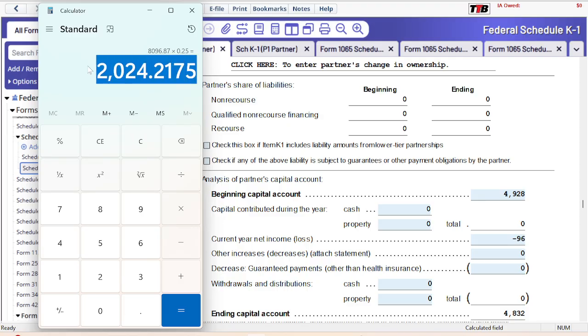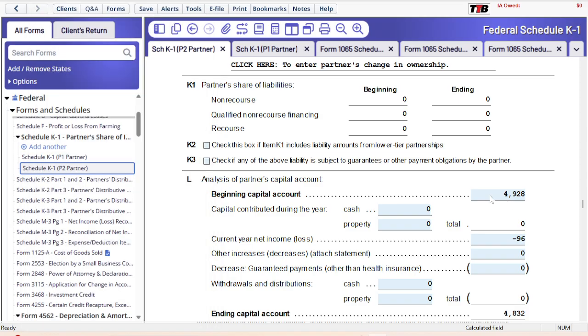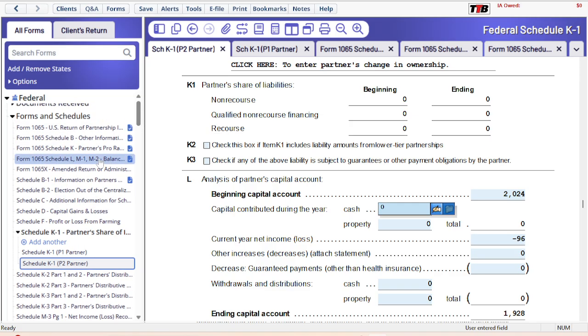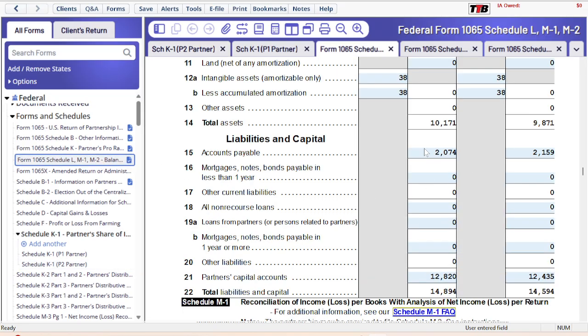So let's copy this and put it here, and we will come back to schedule K1. So let's do that for now, and go back to here.